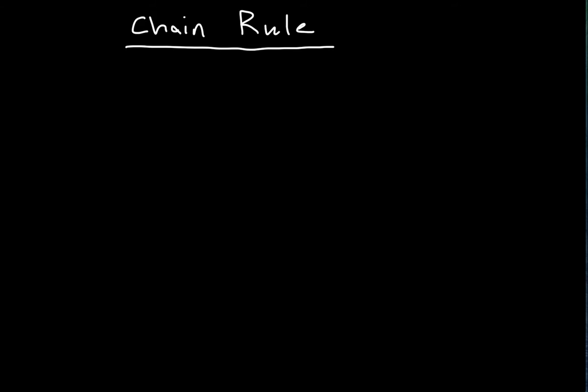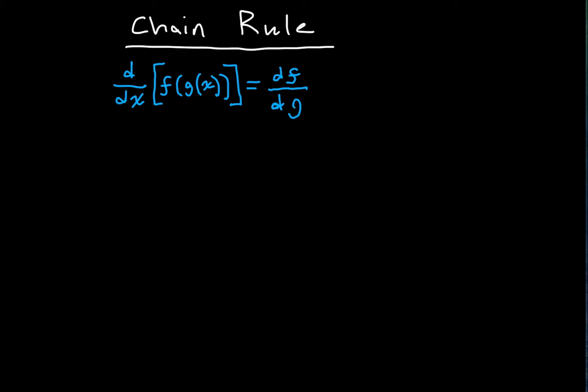So the chain rule states, and this is going to be a little bit weird looking, that the derivative with respect to some variable x of the function f of g of x is equal to the derivative of f with respect to g times the derivative of g with respect to x.